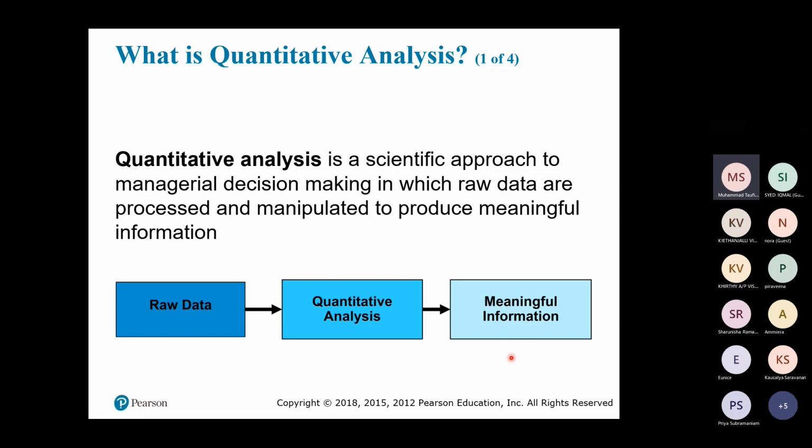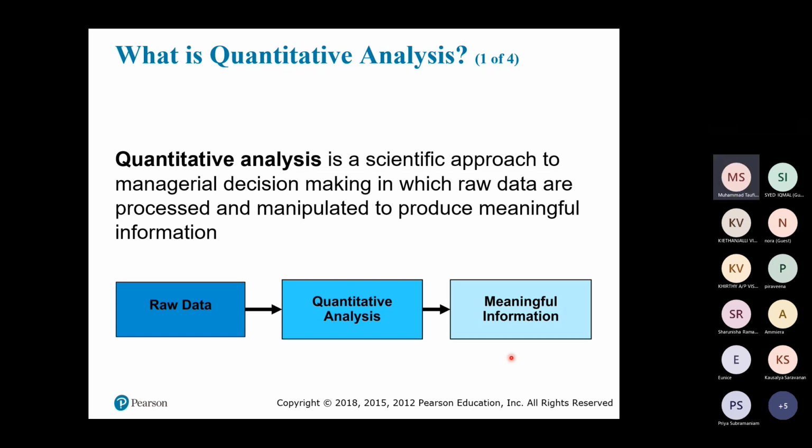It is different from qualitative analysis. From the name, you can see qualitative is about quality, and quality is very subjective. In qualitative analysis, you analyze the thoughts of humans, and you try to put quality on those thoughts.